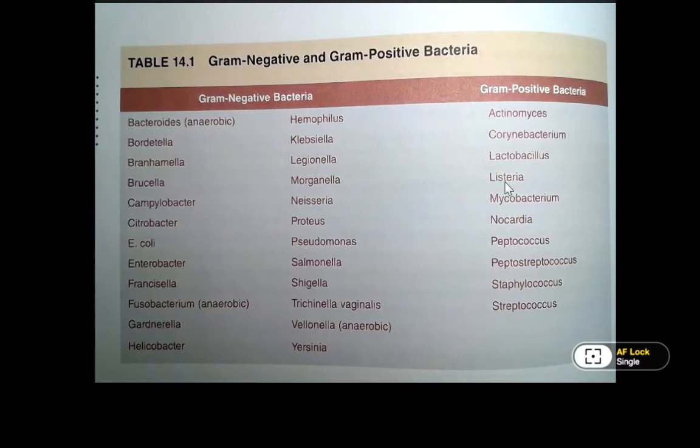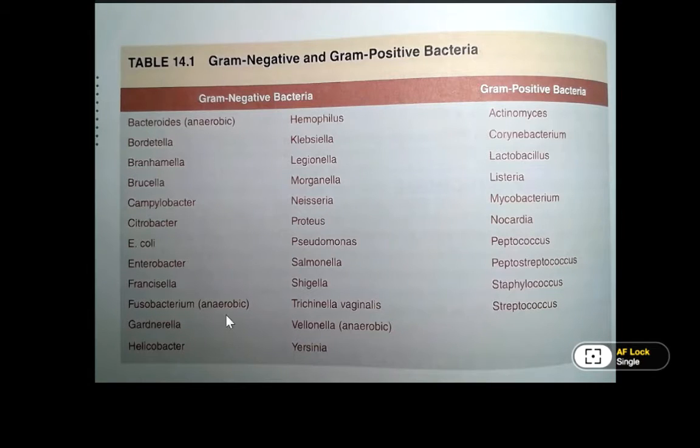And here you see Listeria, which made the news two summers ago when the cantaloupe was contaminated with Listeria and people got very sick. Some people died. Here's your Staphylococcus, which we will talk about a little later in this lecture regarding MRSA, methicillin-resistant Staphylococcus aureus. Strep throat you've probably all heard of. That's the Streptococcus organism here.